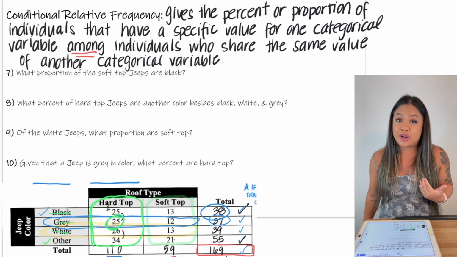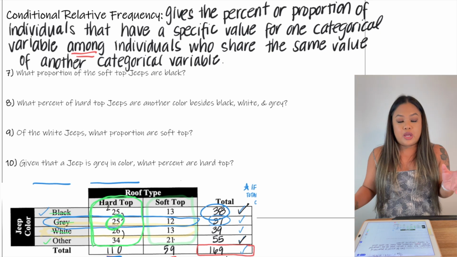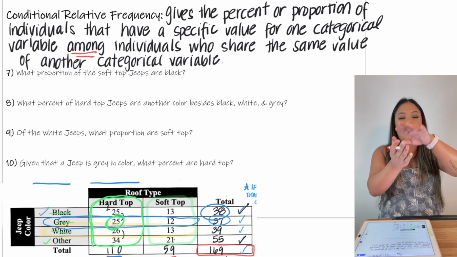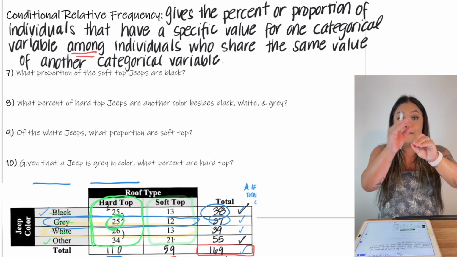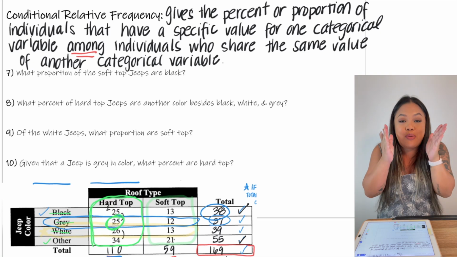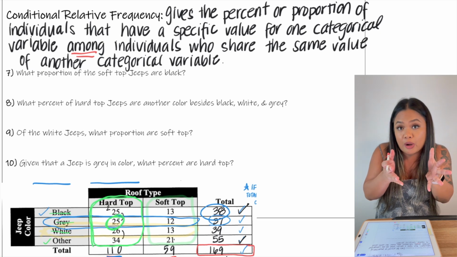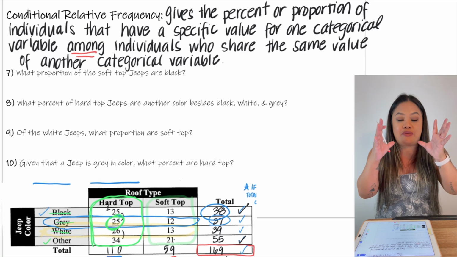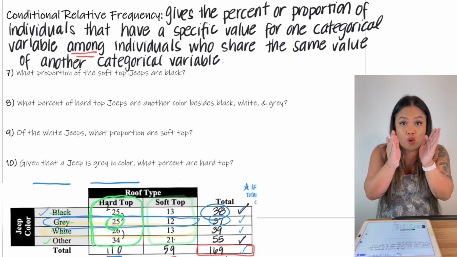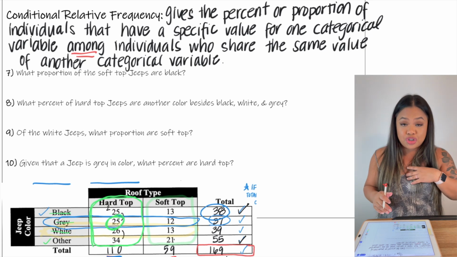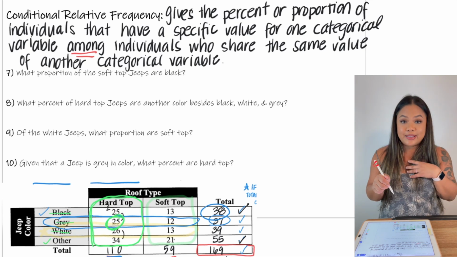That is not the case for conditional relative frequency. We're looking for a categorical variable of one group among another group. Now we've put a condition on the total group that we're looking at. We're not looking at all the Jeeps anymore. We've picked a group that we only want to look at. That's conditional relative frequency. So let's look at some examples.